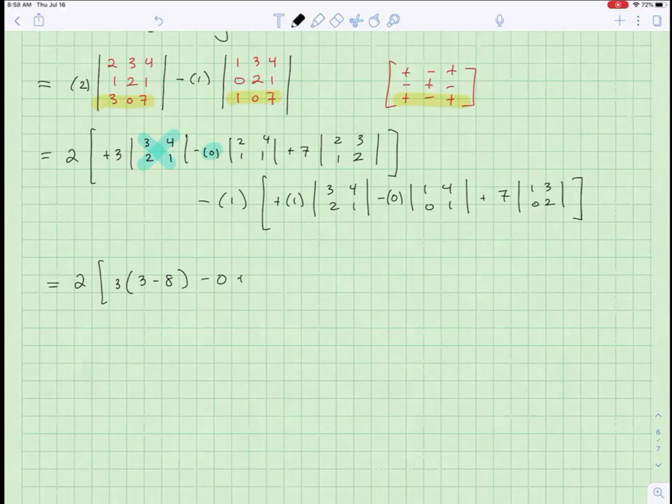And then plus 7 times the Twinkie product, 4 minus 3. Minus 1 times the Twinkie product, 3 minus 8. Minus 0 plus 7 times the Twinkie product, 2 minus 0.